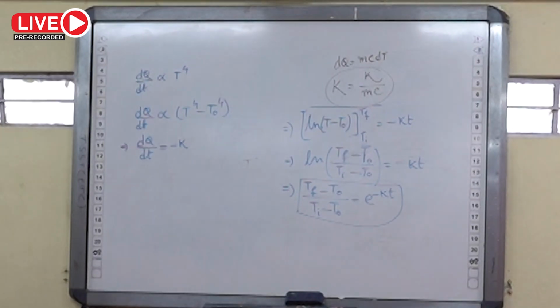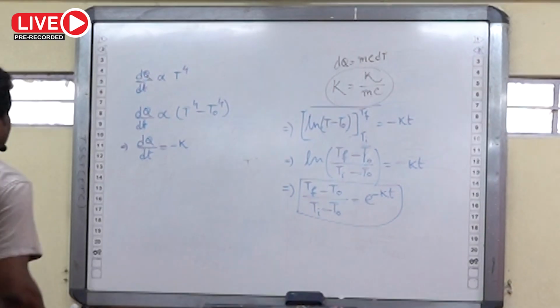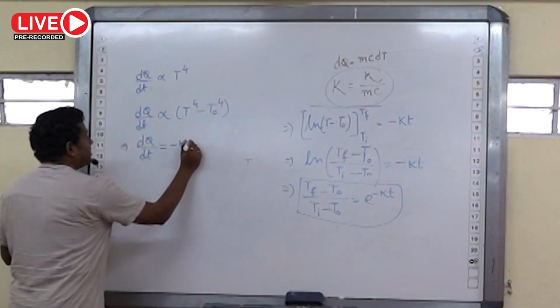So if the surface area is more, the heat radiation will be more. Suppose you have a cup of tea, it is very hot. Some people pour the tea over a plate so that it will cool down faster, because the surface area increases, so radiation will be at a faster rate, and it will cool down quickly. So that's why this area term will come here.